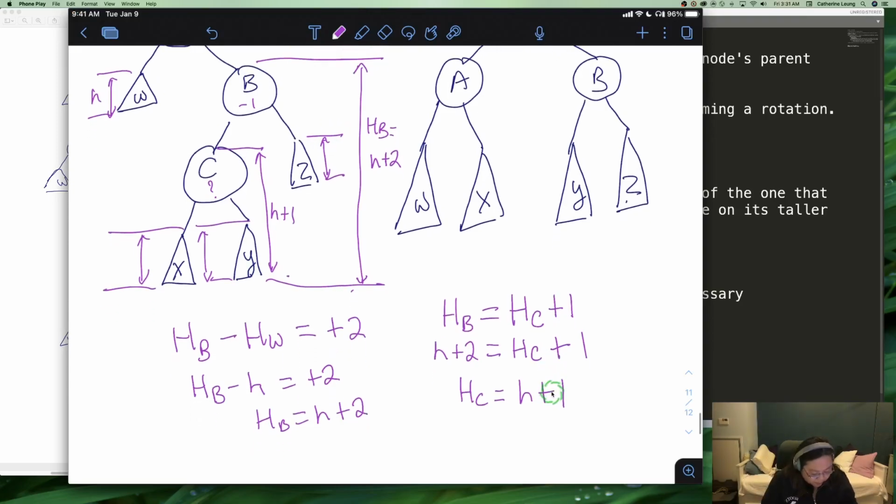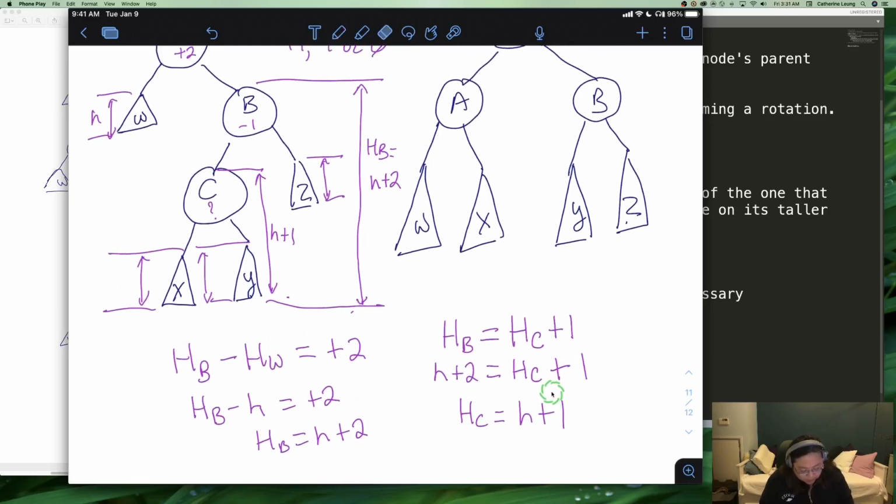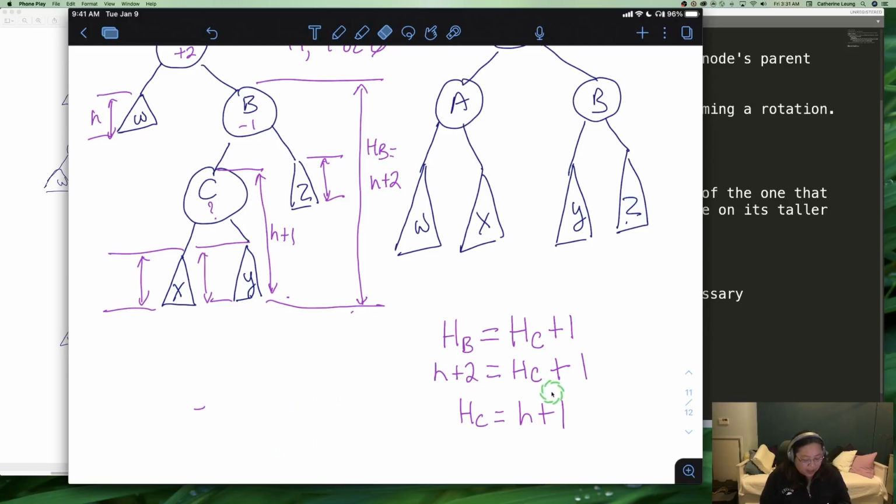Now, because of this, what we can also do is find the height of Z. That's the easy one to do. So HZ minus HC, okay, if we were to subtract the height of C from the height of Z, what we will end up with is -1. This formula here, of course, comes from this value.